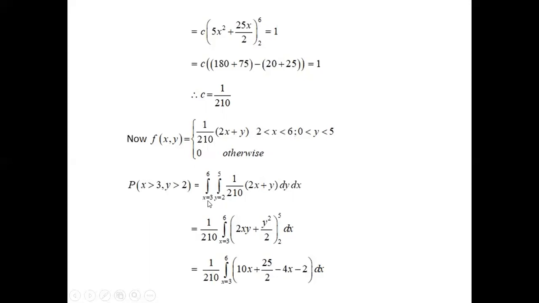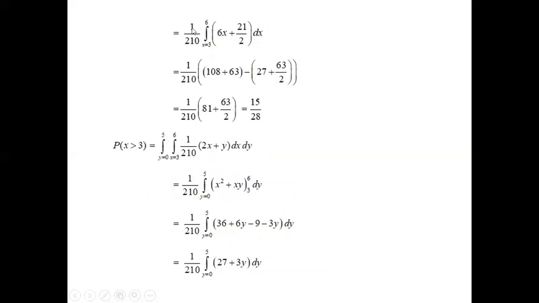So integration x equal to 3 to 6, integration y equal to 2 to 5 of 1 by 210 into (2x plus y) dy dx is equal to 1 by 210 into (2xy plus y squared by 2) from 2 to 5. So it equals 1 by 210 into integration x equal to 3 to 6, upper limit (10x plus 25 by 2) minus lower limit (4x plus 2).